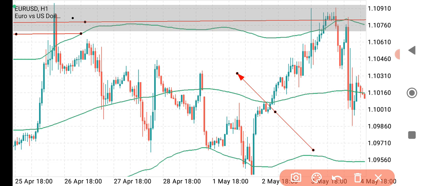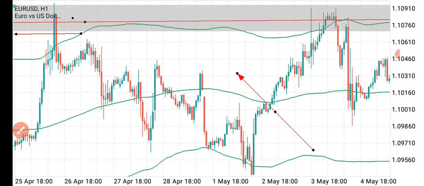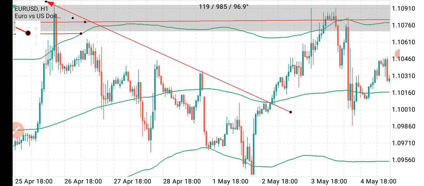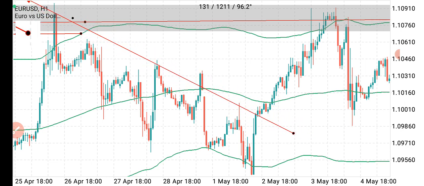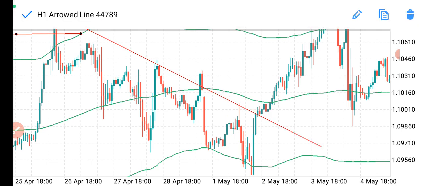And while you are waiting for that, you can also use your trend line as a price action trader. This is your trend line to trade while you wait.